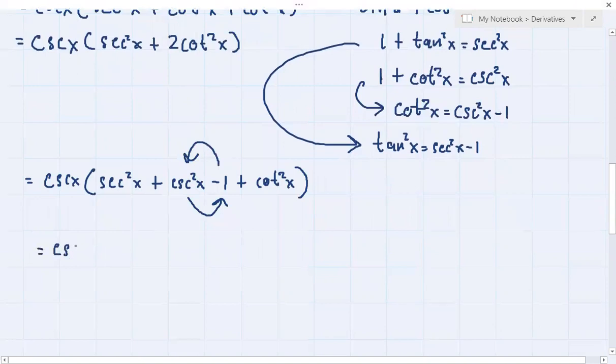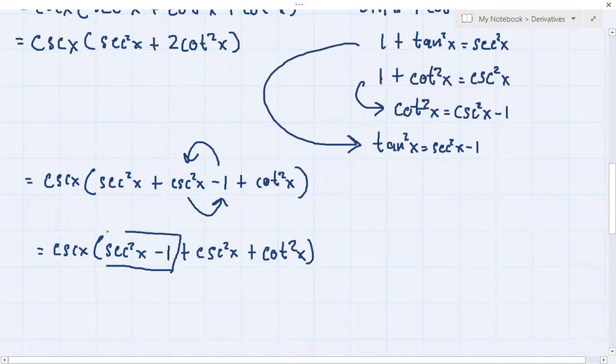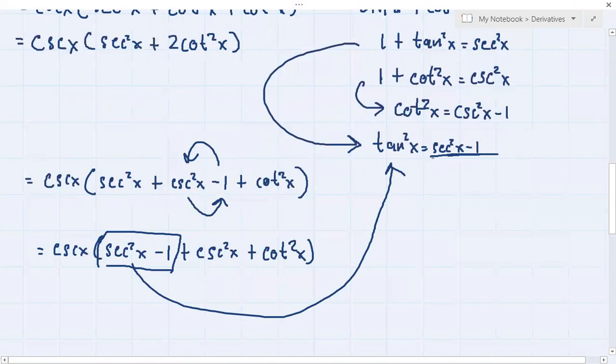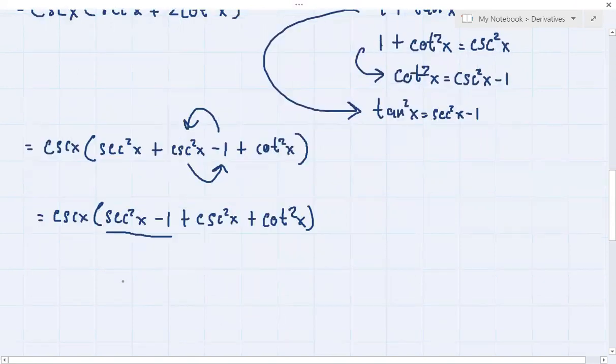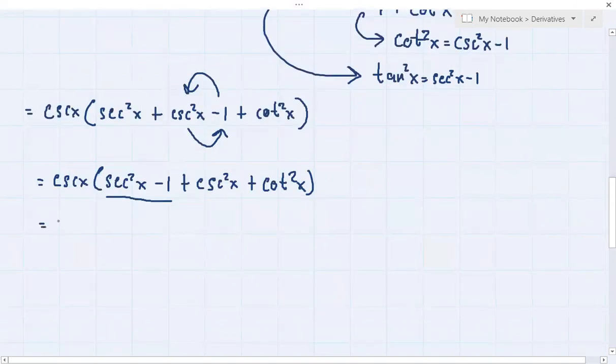So it becomes cosecant x times quantity secant squared x minus 1 plus cosecant squared x and the rest of the terms. Now, if you take a look very closely, secant squared x minus 1 is the same as tangent squared of x, which is basically this. So we can simply substitute secant squared x minus 1 as tangent squared x.